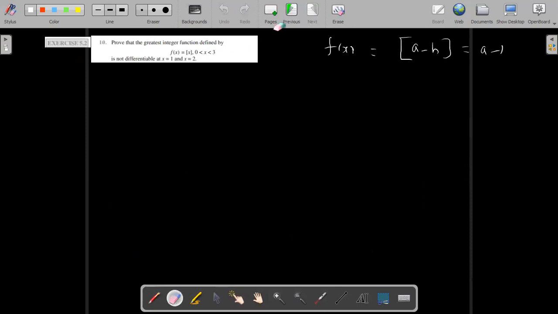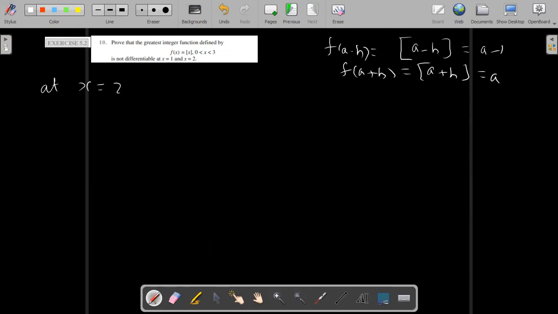So when you are finding f(a minus h), just use this definition directly. a minus h gives this one, and when you are using a plus h, the greatest integer of a plus h is equal to a. Then you can easily find it. Suppose we check at x is equal to 2.